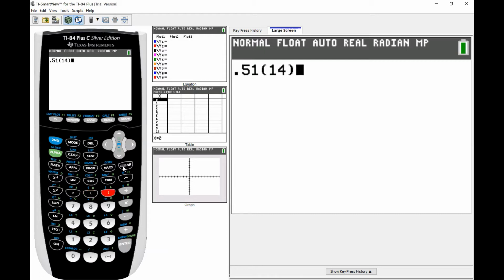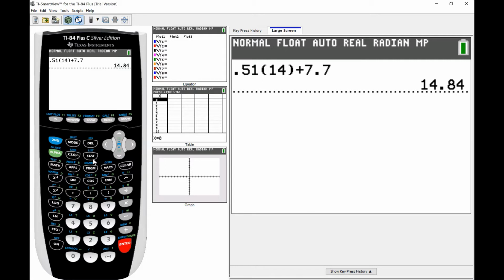So 0.51 times 14, plus 7.7 is 14.84. So we've taken our data, plugged it into our calculator, performed a linear regression, and then used that equation to make a prediction.